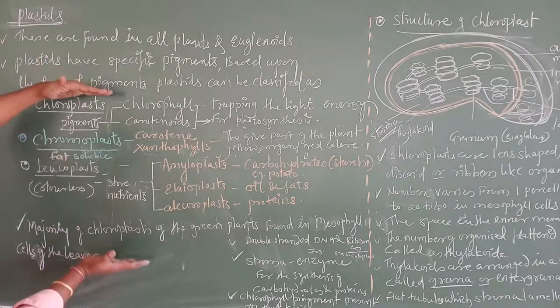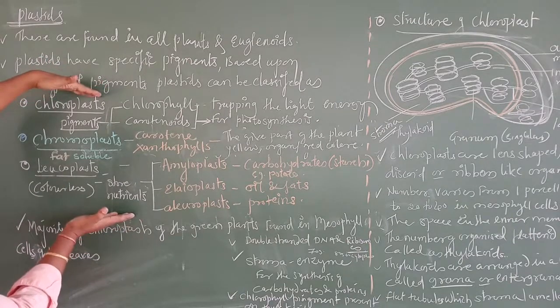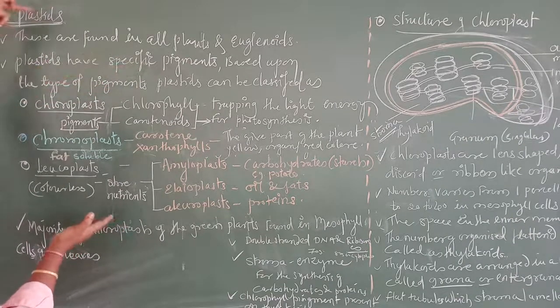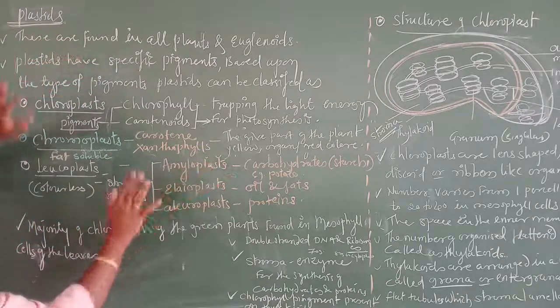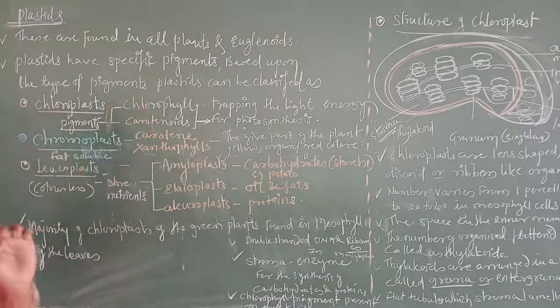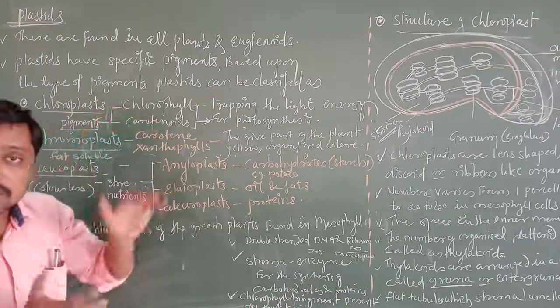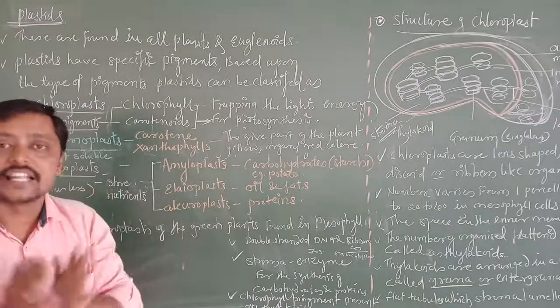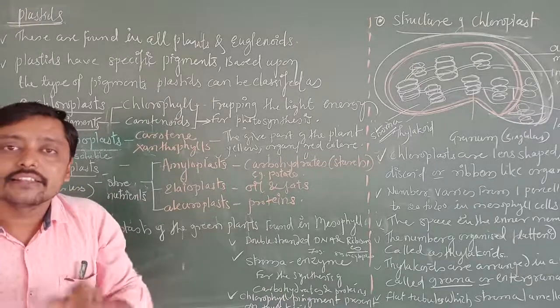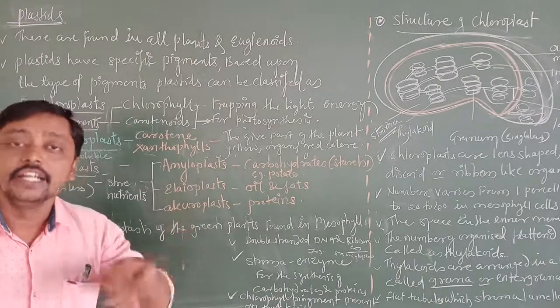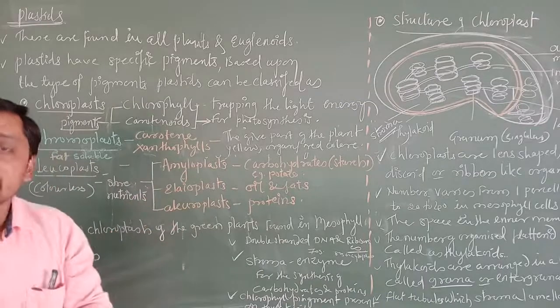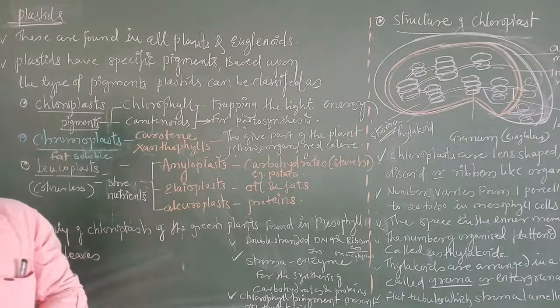Based upon this concept, whatever I have written on the board, the specific pigment based plastid types and the examples, all these are present in your NCERT book, and based upon this much only, at least 10 questions can be prepared for NEET or CET.